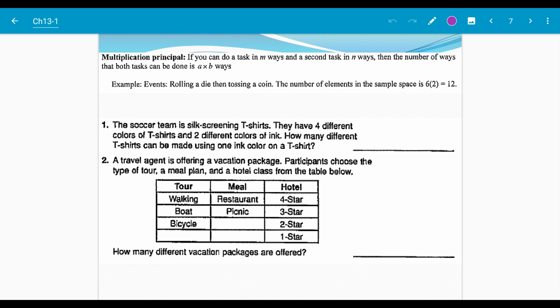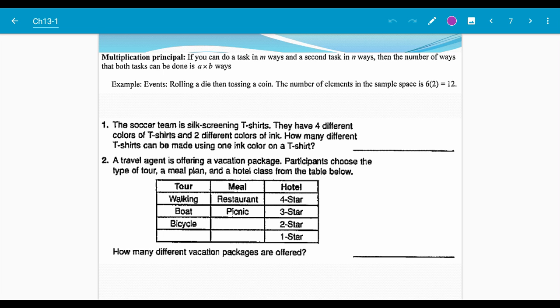We have an example here: rolling a standard die and flipping a coin. We have 6 outcomes on a die, 1 through 6, and we have 2 outcomes on a coin, heads or tails. So we can multiply those two together, 6 times 2, to get 12 total possible outcomes. If you wanted to visualize this, you could.